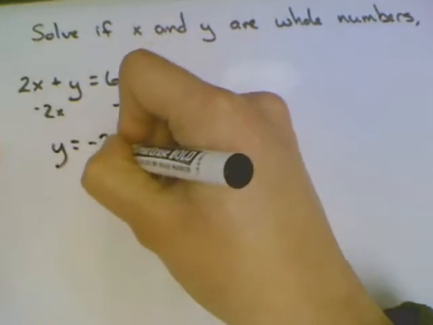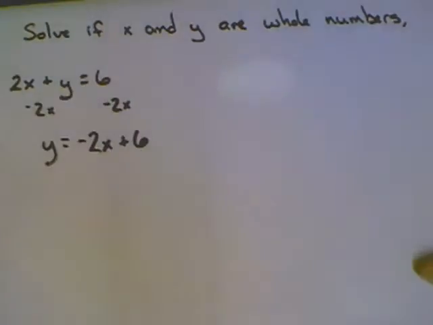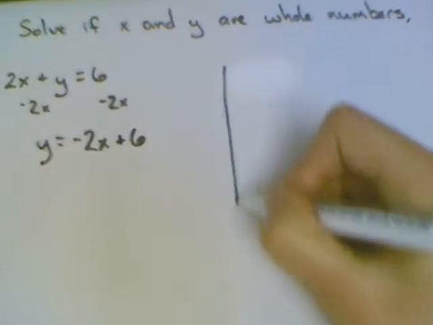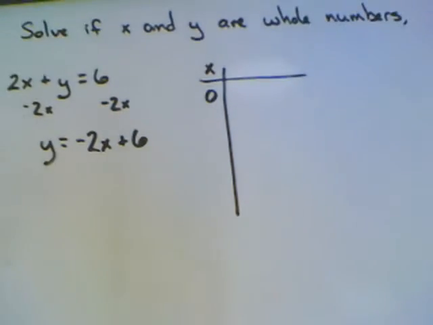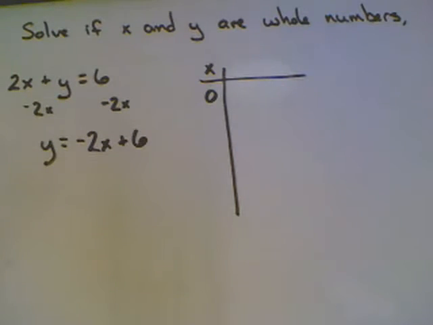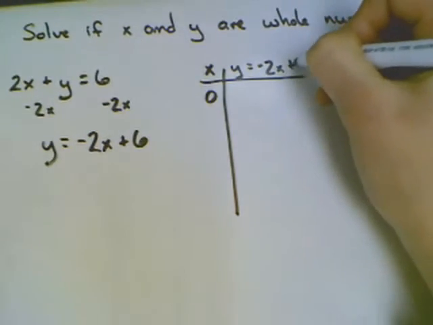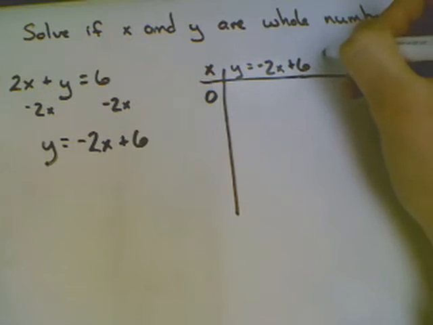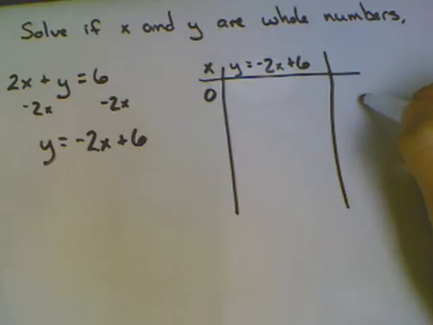And I get the equation y equals negative 2x plus 6. Okay, that I'm going to plug in and use a table now. And in the table I'm going to start by listing values for x, and x is going to start at 0. And we're going to find the corresponding y value for that. Negative 2x plus 6.